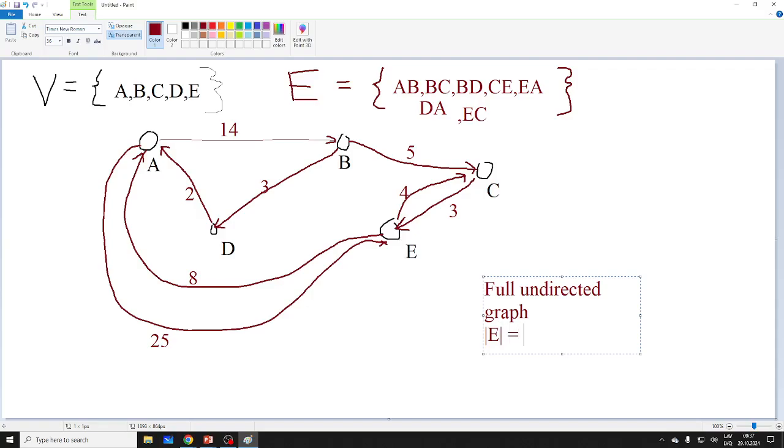N times n minus 1 divided by 2, where n is actually V, the number of vertices. Does this formula make sense? You've seen this before: arithmetic progression.